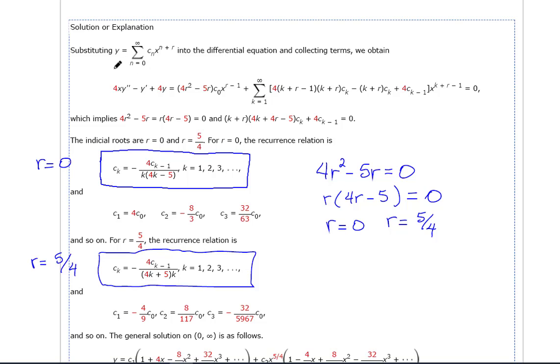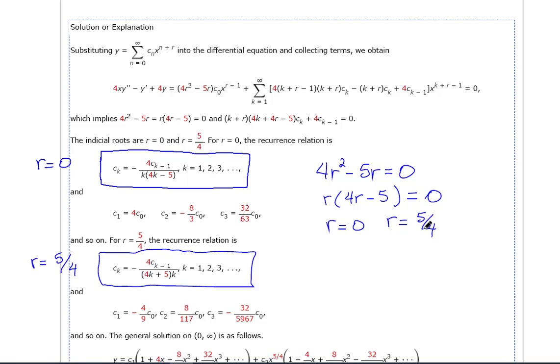All right, so we are looking for a solution of this format, plugging things in and solving for what r is. We find that r is, here we go, factor out the common r, so r is 0 and 5/4. They do not differ by an integer, so there will be two series solutions.